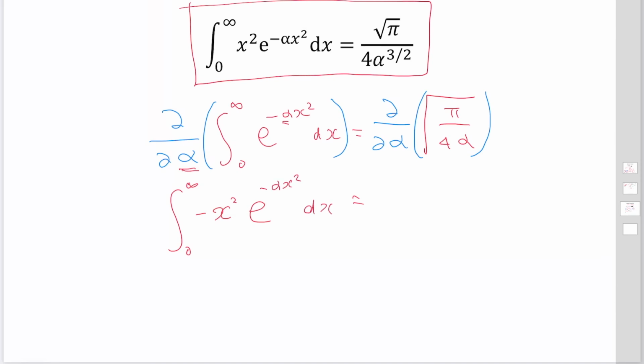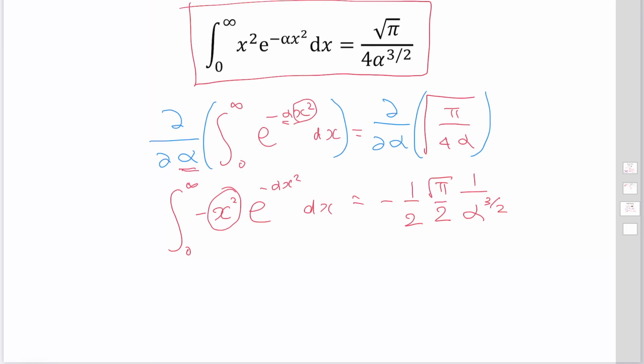When taking the derivative with respect to alpha, the x squared appears here. The right-hand side becomes minus 1 over 2 times square root pi over 2 times 1 over alpha to the 3 over 2.